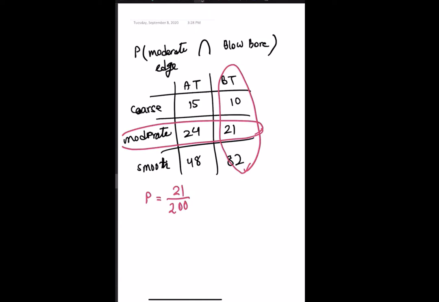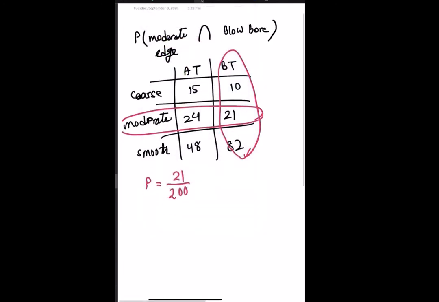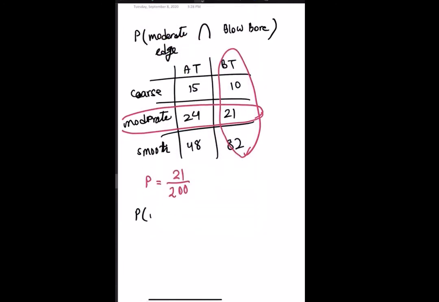What is the probability that the selected part has a moderate age condition or a below target bore depth? So the probability that the part has moderate age or below target bore depth.